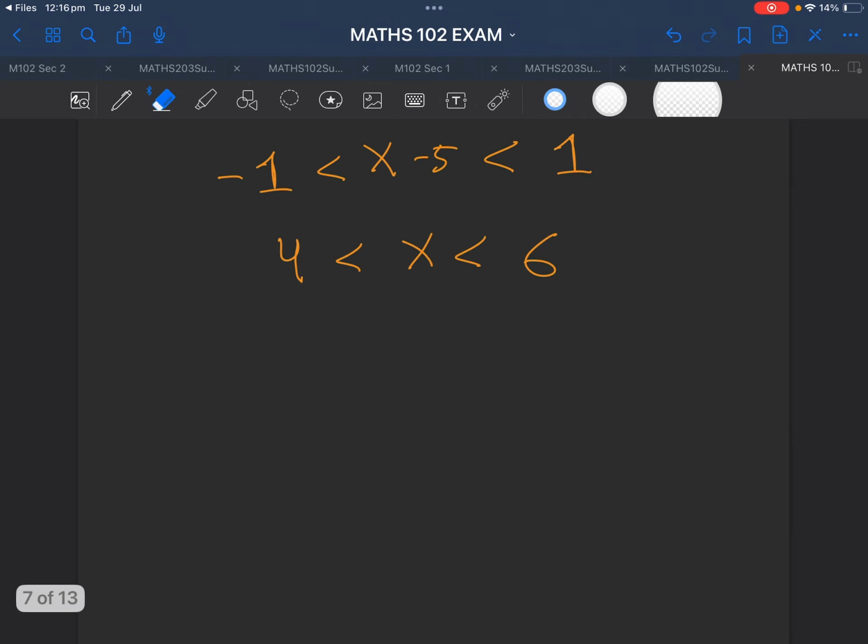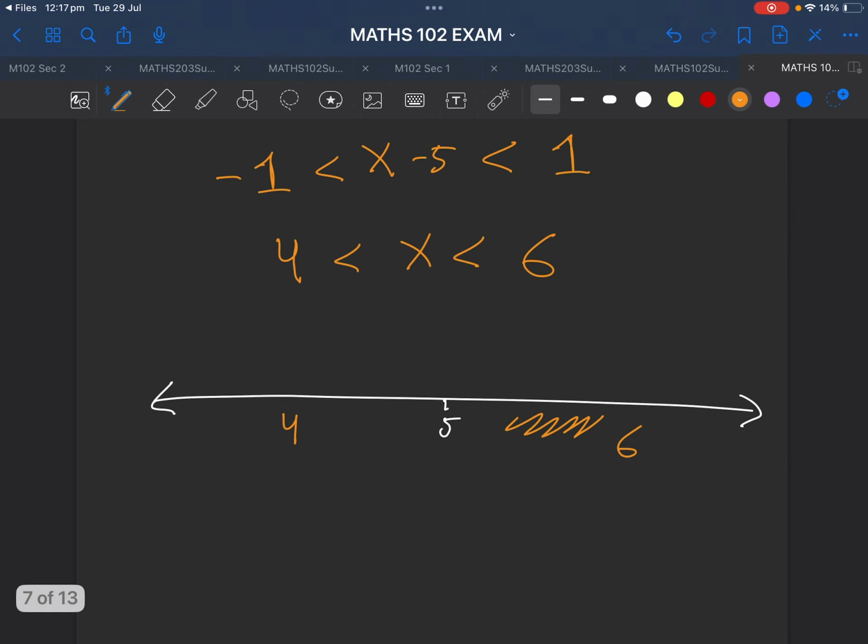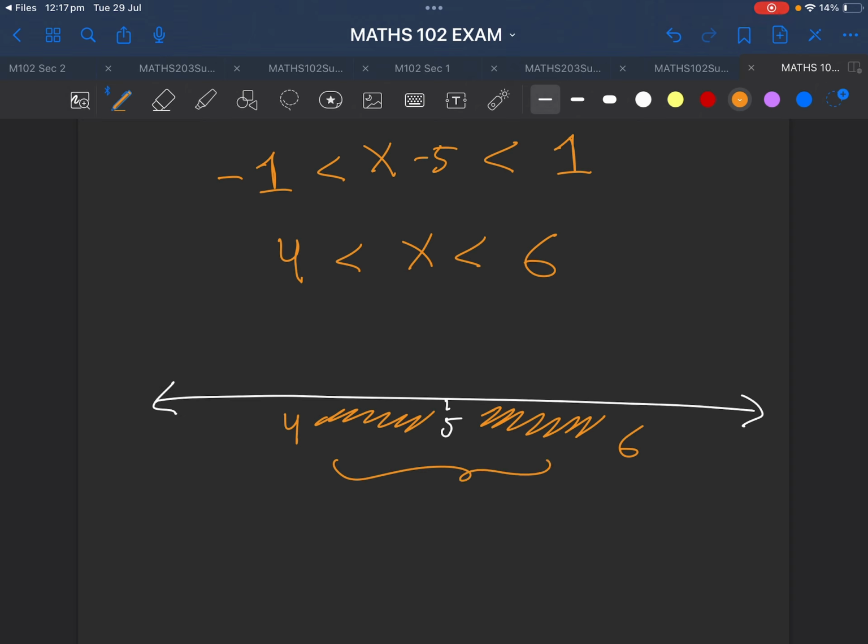Sorry. So if we do the number line now, we know where the x will converge. We have 5, we have 6, we have 4. So it will be convergent in this area here. Between them, it's definitely convergent.